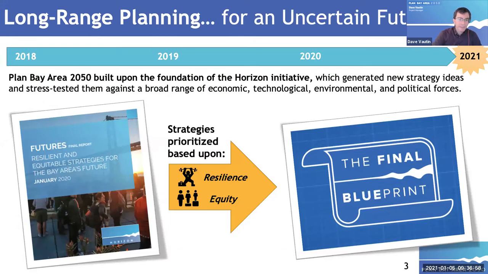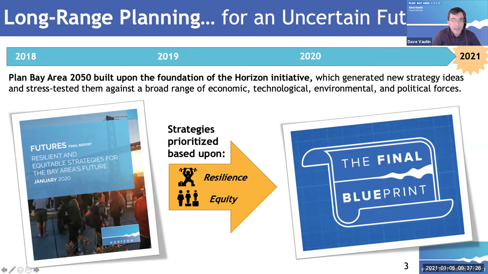To kick things off, I just wanted to share a little bit of perspective about how this release fits into the longer process we've been engaged in. The release builds on 3 years worth of work on the Horizon Initiative and Plan Bay Area 2050, where we looked at 3 divergent futures to understand the impacts of external, economic, technological, environmental, and political forces on the region's future.